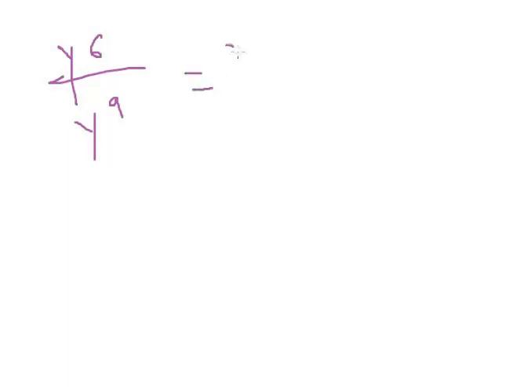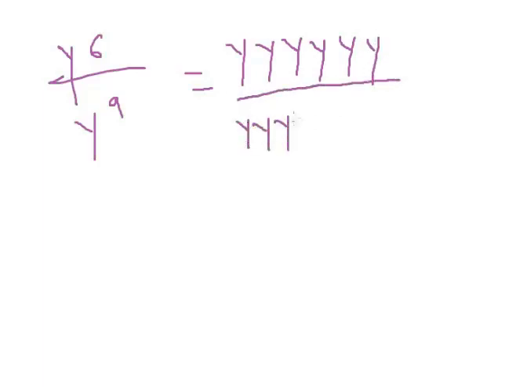Y to the sixth really means y times y times y times y times y times y, divided by y to the ninth, which is 9 y's. Okay, we've got 9 y's. Now, anytime you divide something, you can always just cancel it. You know, if you have 2 divided by 2, for example, that becomes 1. They cancel.